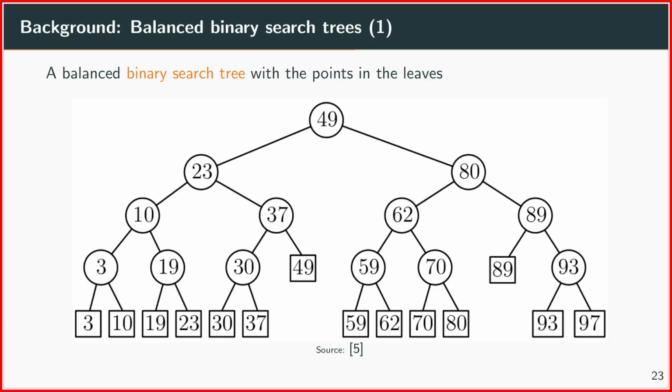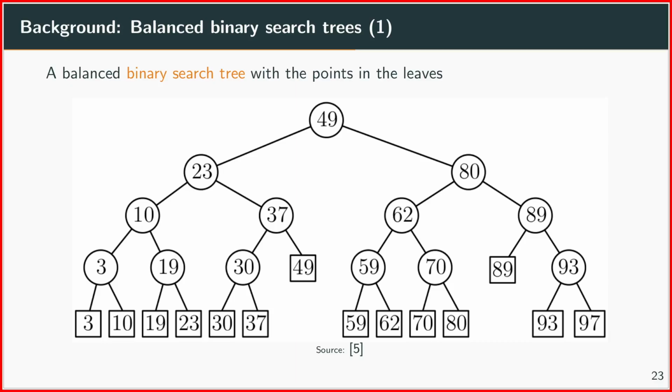So here we have an example where we have a tree and all the leaf nodes are points. You can imagine those points being points on the number line from 0 to 100. All those points have been added in a previous iteration to this tree.